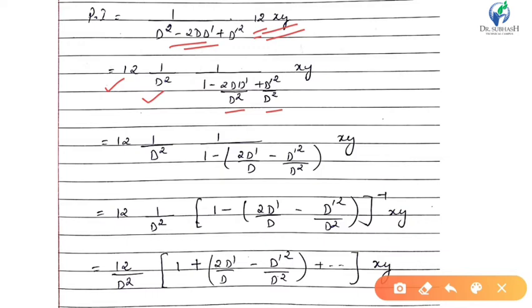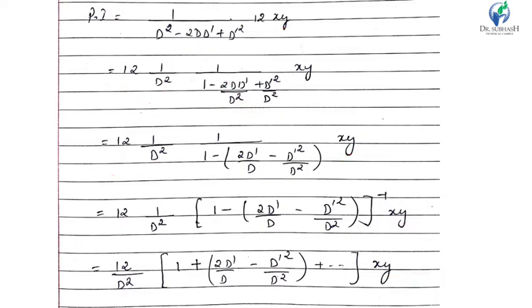Now this term I am keeping as it is for a purpose. Now here this D square and D square will get cancelled and the minus sign I am taking common, so I will remain with 1 minus 2D'/D plus D' square/D square. Since it is in the denominator, when I am taking it to the numerator, I will put the inverse sign and this xy will remain as it is.